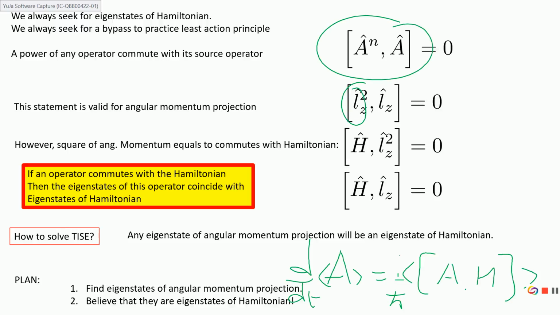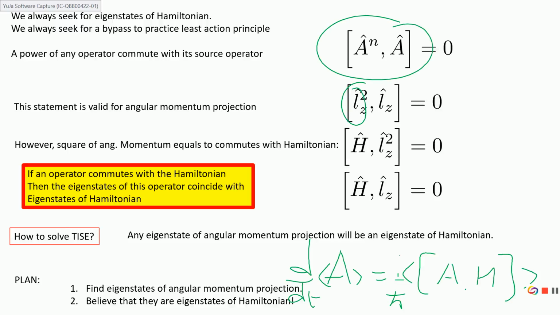Right? So we can derive a conclusion: if two operators commute, they share the same set of eigenstates. Okay? And if they share the same set of eigenstates, why should we solve the one which is more complicated? Let's solve the one which is more simple.